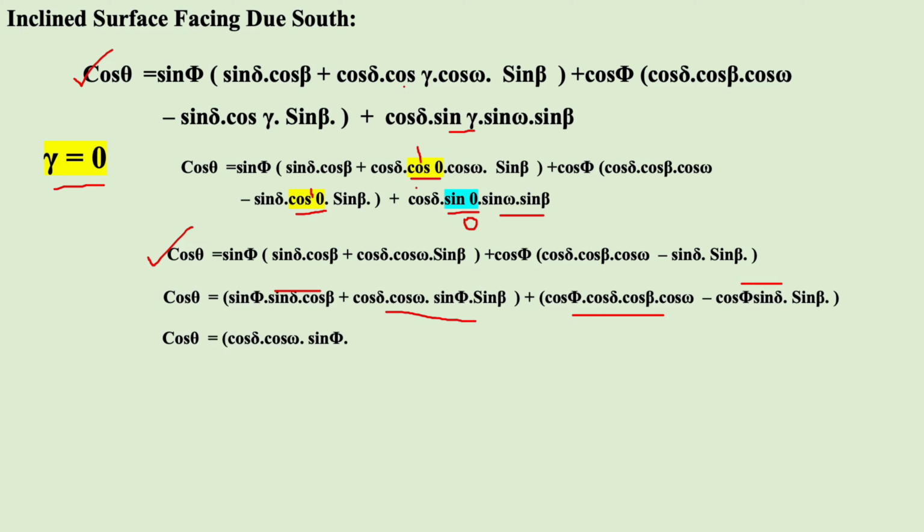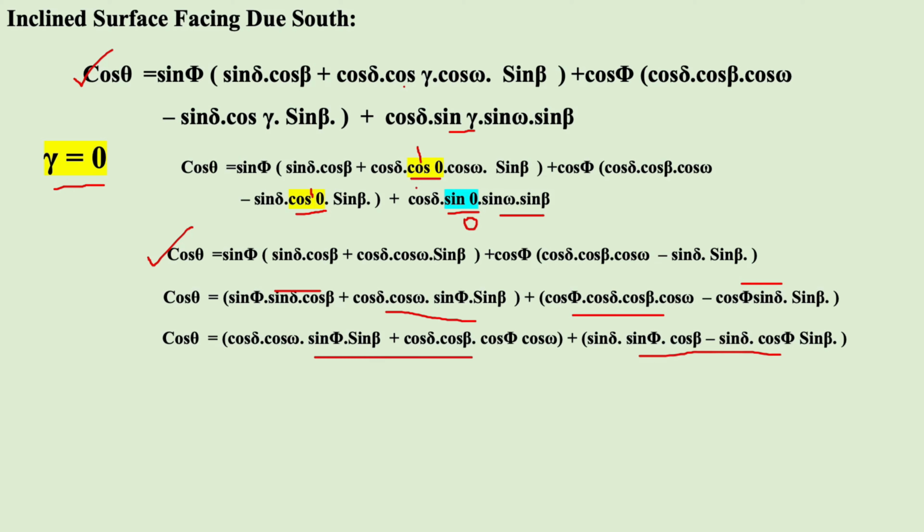Now we have cos delta cos omega sin phi sin beta plus cos phi cos delta cos beta cos omega, bracket close, plus sin delta sin phi cos beta minus sin delta cos phi sin beta. So we have these two bracketed terms. Now we have to resolve these further.